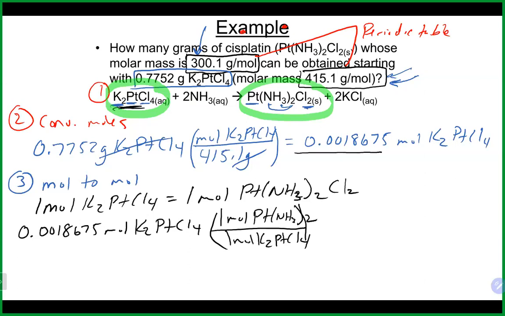That's going to cancel those guys out. So I think I could still do the math here. That's going to be the same number, I hope, 0.001867. But importantly here, we have now converted into our product, which is what we're looking for in this particular problem here.